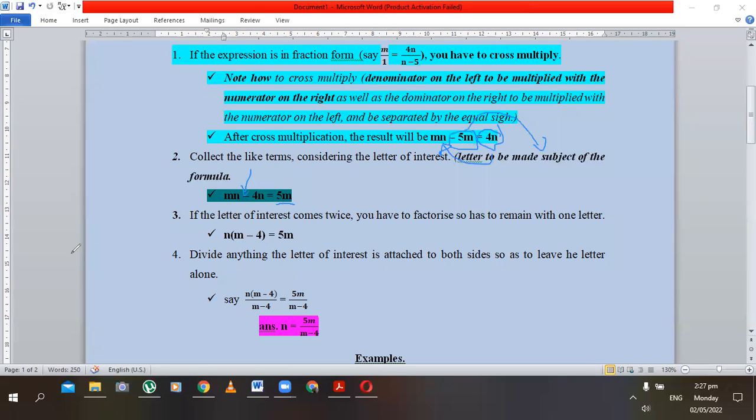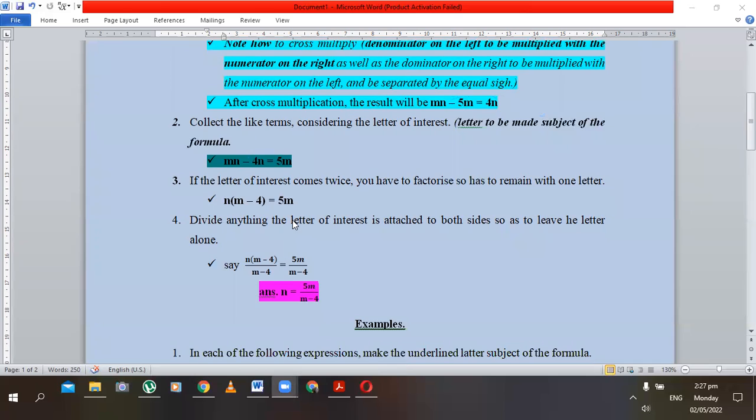Then, from there, what we need to do is to follow the third step. The second step is just about collecting the like terms. The third step is, once we've collected the like terms, let us check around the letter of interest. Is it coming once or is it coming twice? If you look at this expression, the letter of interest is n.